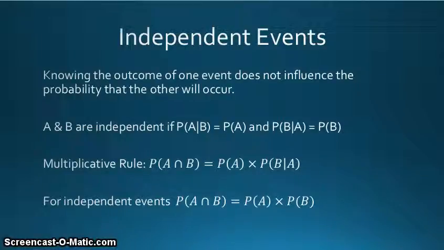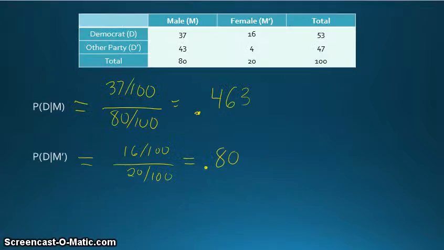Let's look at some examples of independent events or not independent events. So recall our example from our last video where the probability of being a Democrat given that a senator was male was 0.463.